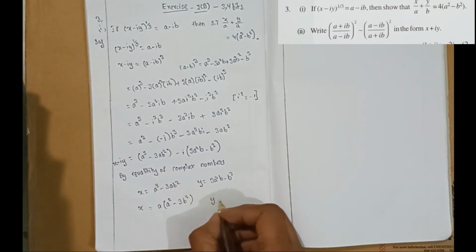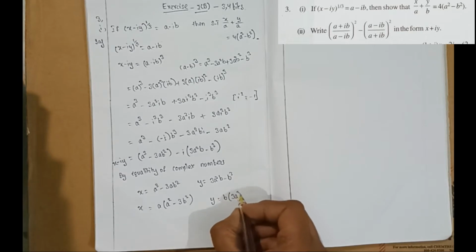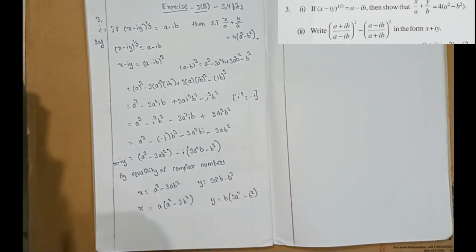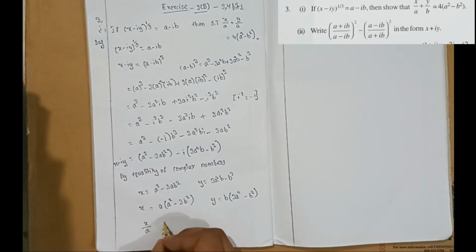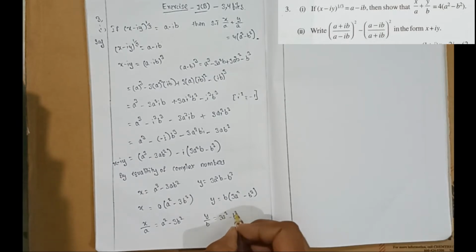In the other equation we take b common, so it will become 3a square minus b square. So x by a equals a square minus 3b square and y by b equals 3a square minus b square.